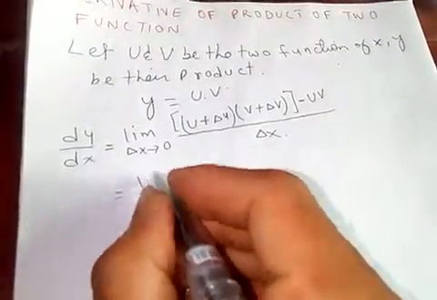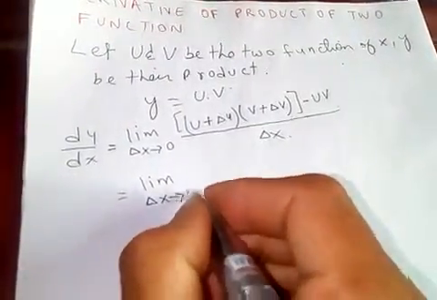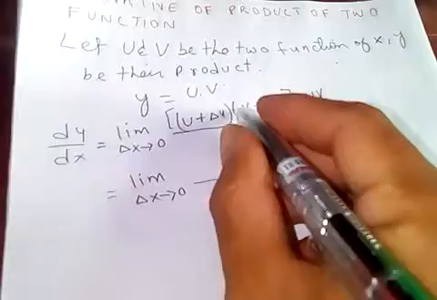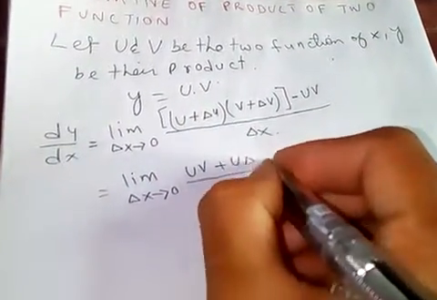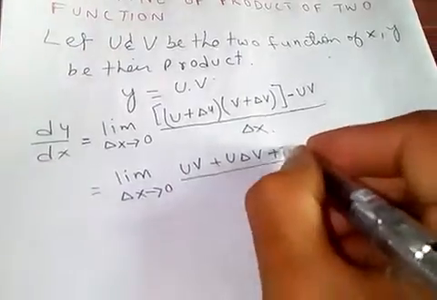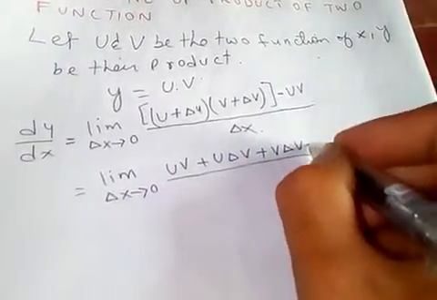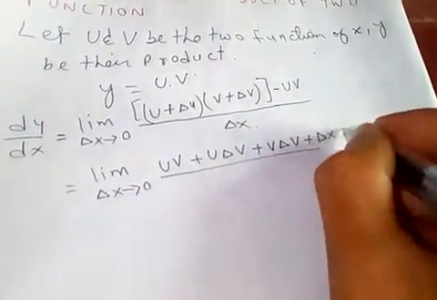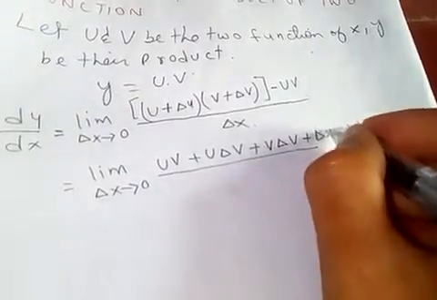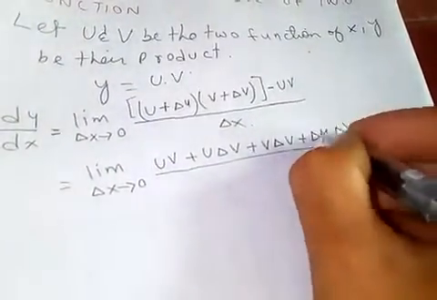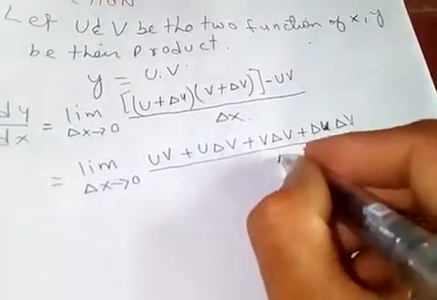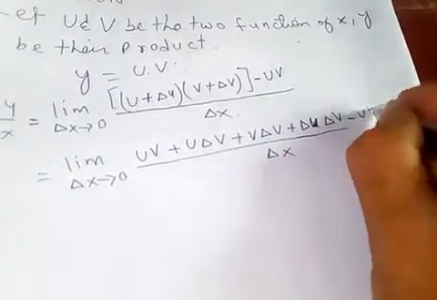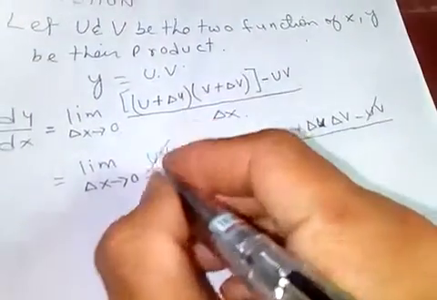So limit delta x tends to 0, and if you multiply, we will get uv plus u delta v plus v delta u plus delta u delta v, over delta x, minus uv. Here this and this can get cancelled.